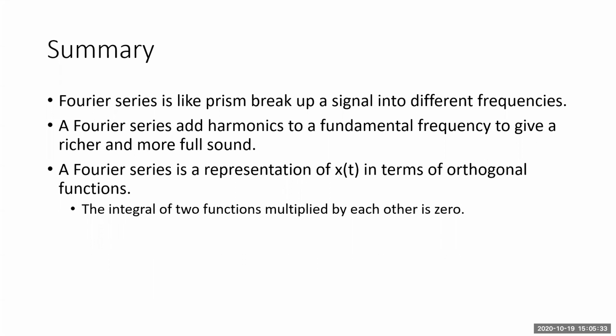So that's really the summary. Like I said, it's like a prism. You add these harmonics to a fundamental frequency. The big ideas are simple, there's not a lot to know, but then the application and the finding of it, that's where it gets fun.